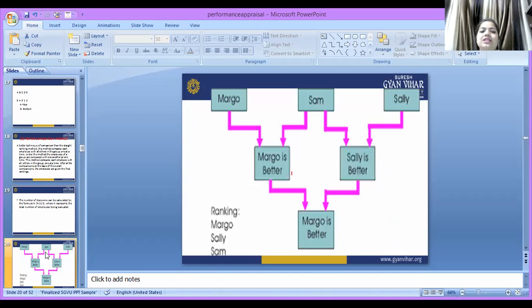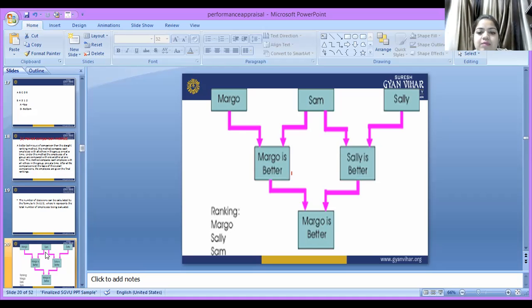So let's understand it through an example. There are 3 persons, Marco, Sam, and Sally. Through this diagram, if we compare Marco and Sam, who is better? Marco is better. If we compare Sam and Sally, who is better? Sally is better.